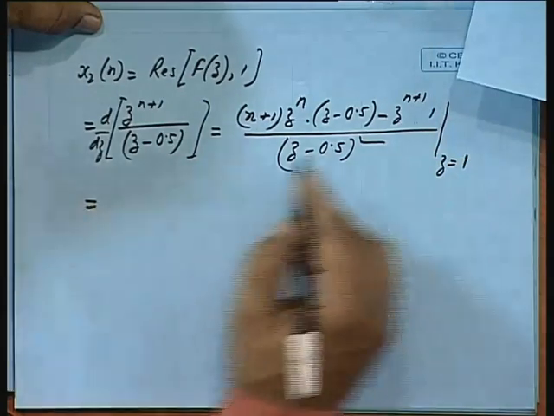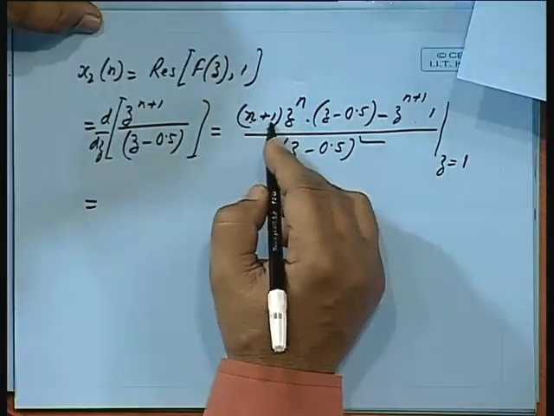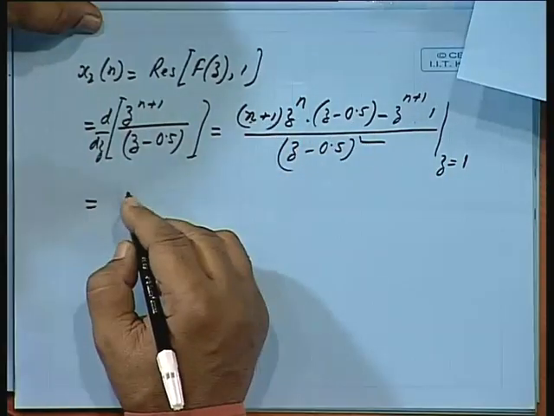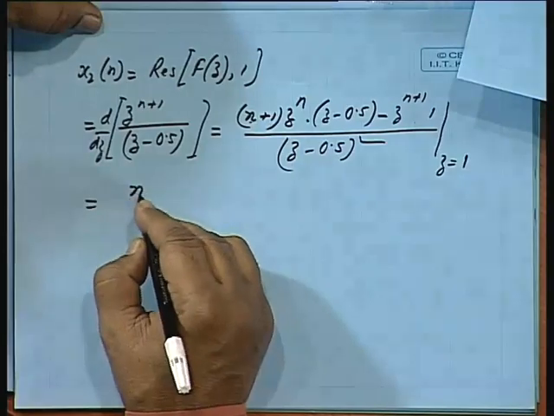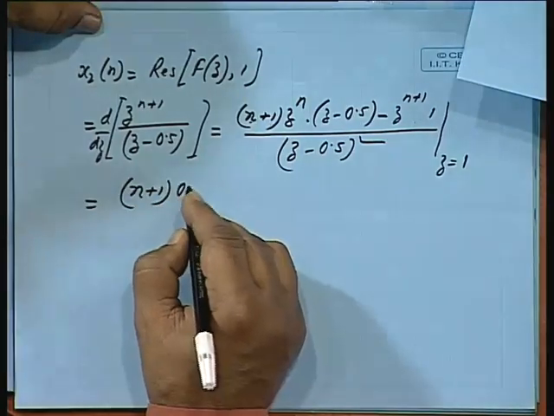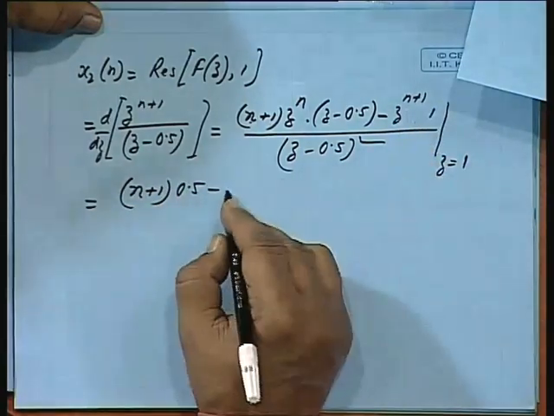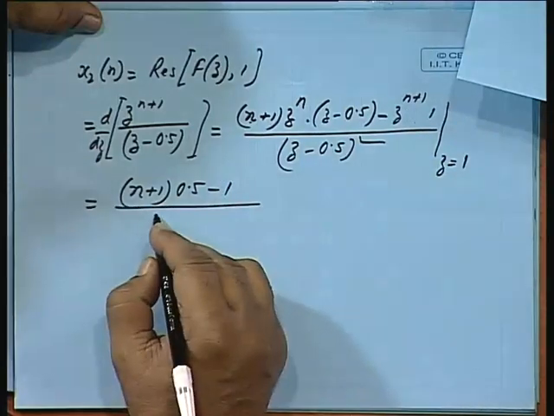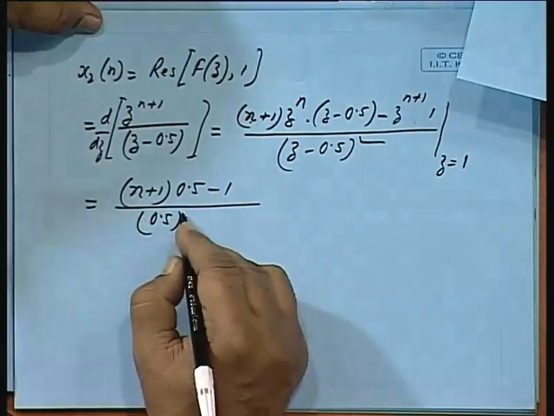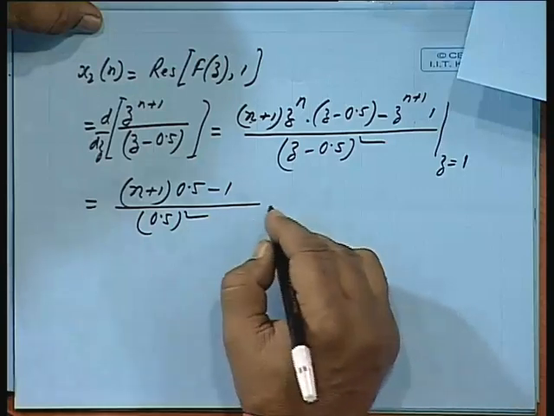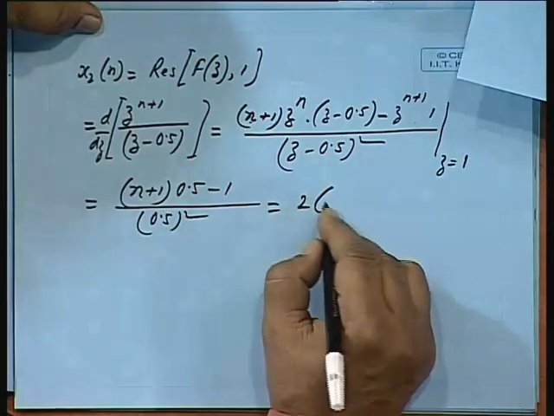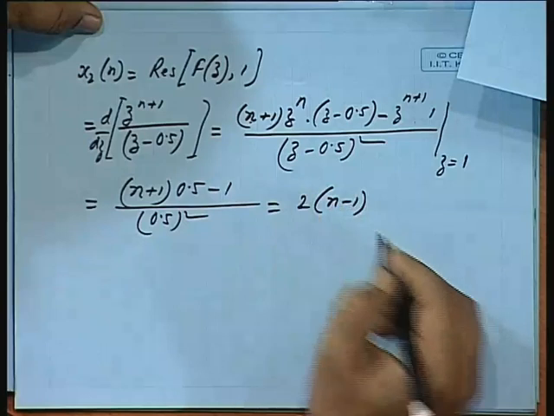If you put 1, that gives me n plus 1 into 0.5 minus 1 divided by 0.5 squared. That gives me 2 into n minus 1.